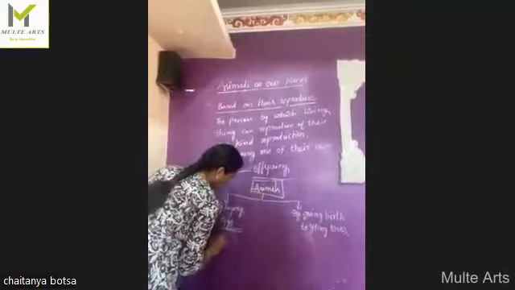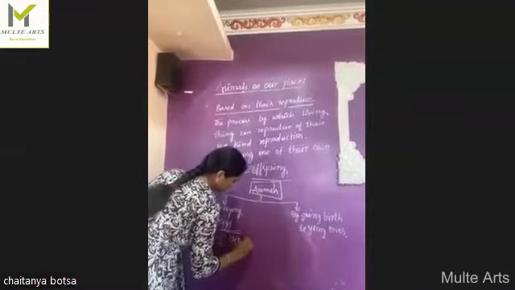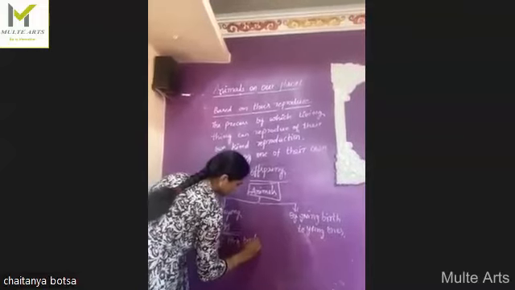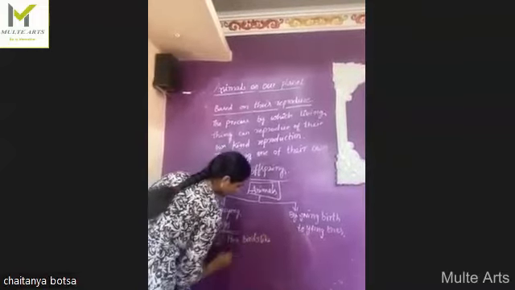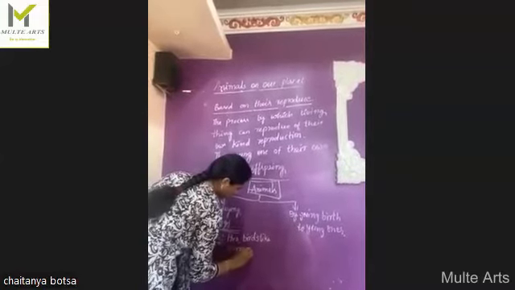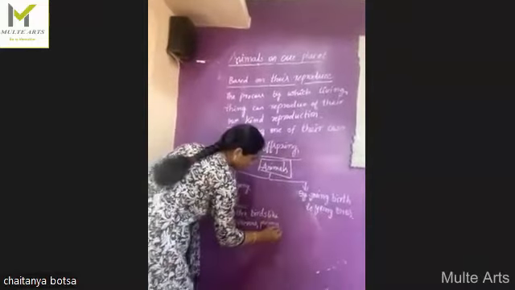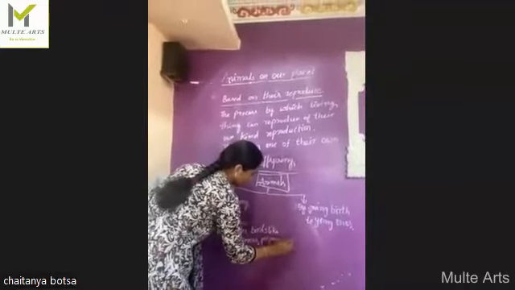Example, what type of animals lay eggs? Hen, birds like sparrow, pigeon. These type of animals reproduce by laying eggs.